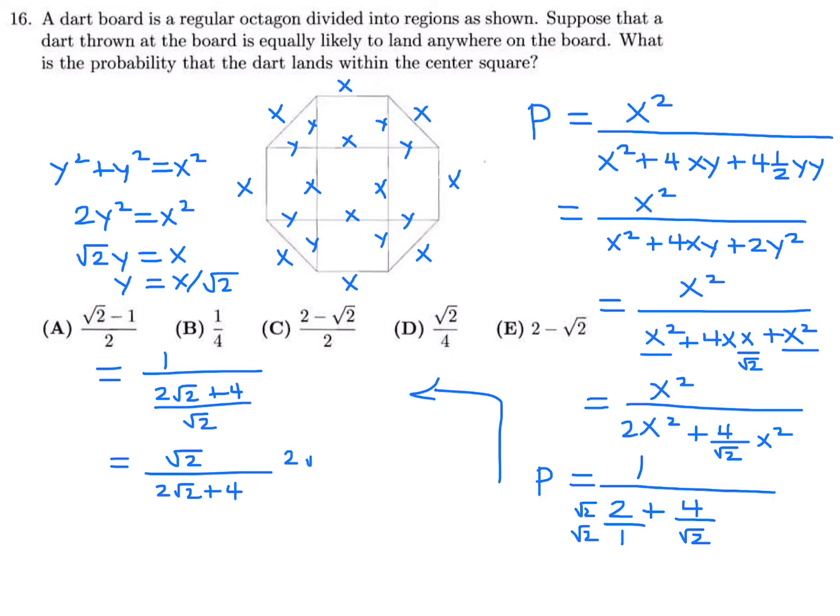So 2 root 2 minus 4, 2 root 2 minus 4. So this becomes 2 times 2, which is 4, minus 4 root 2. On the denominator, it becomes 4 times 2, which is 8, minus 16.